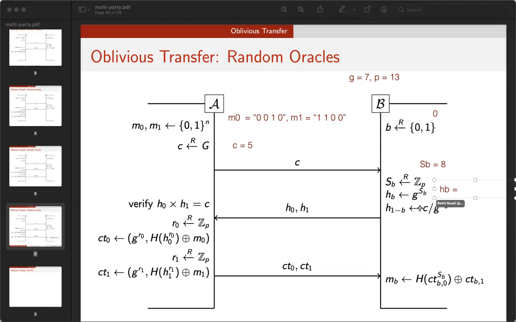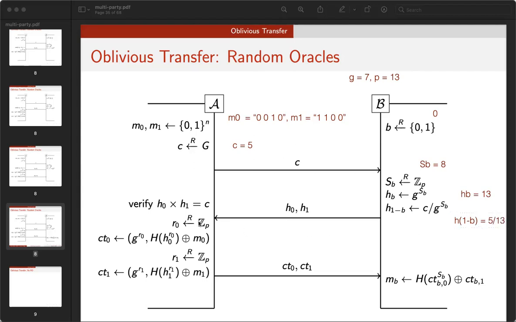Then H1 minus B is C over HB, so C is 5, and H1 minus B equals 5 over 3.